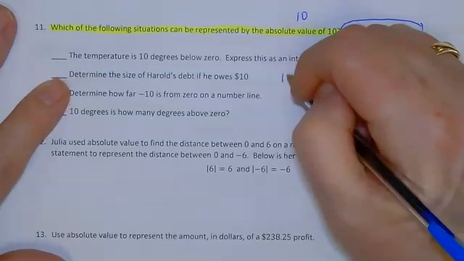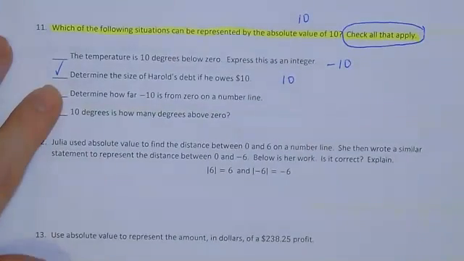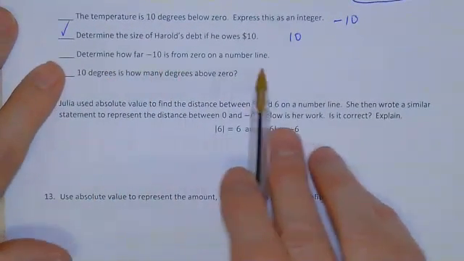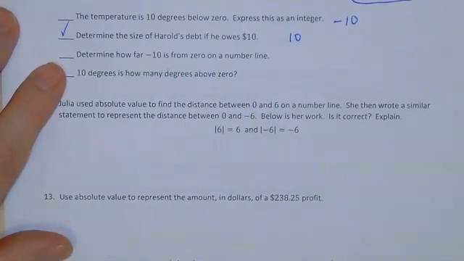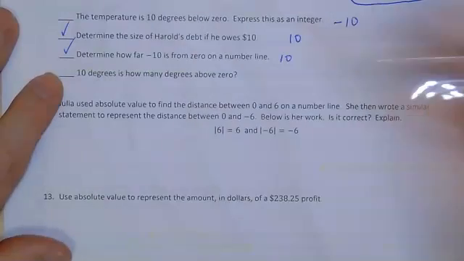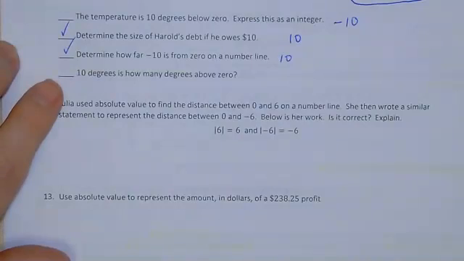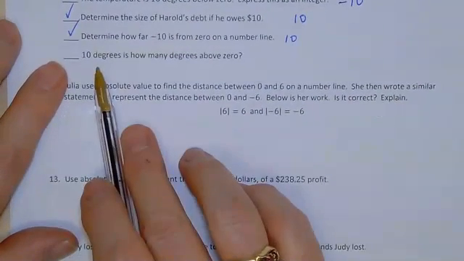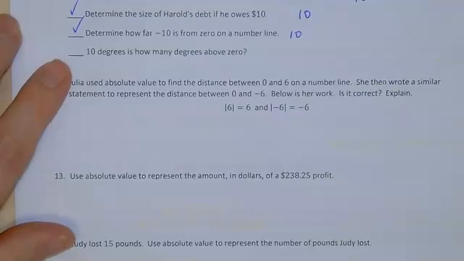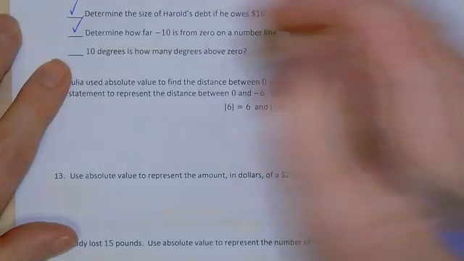He owes $10. Check mark. How far is negative 10 from 0 on the number line? How far away is that, Taylor? 10. Check it off. There's another 10. 10 degrees is how many degrees above 0, Brooklyn? 10. Check it off.